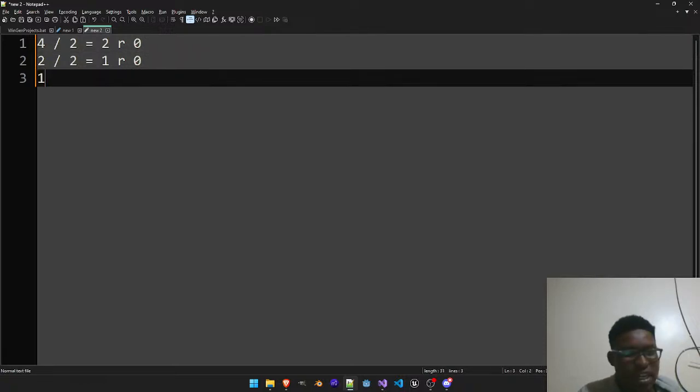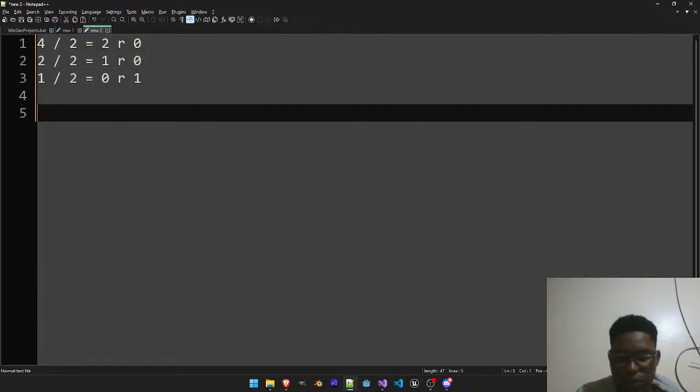Then we take 1, divide by 2, we get 0, remainder of 1. Then our binary value will be these digits going up. So 100 base 2. This is number 4 in binary.